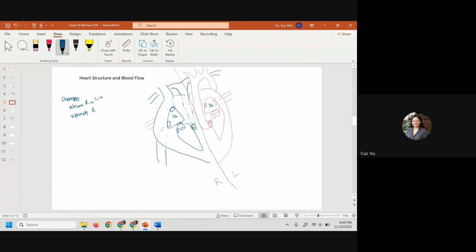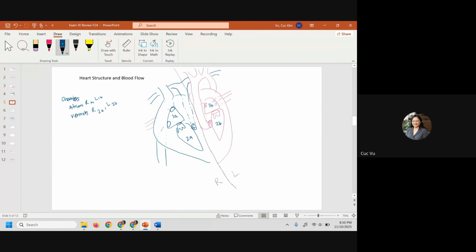The right will be 2A, and the left will be 2B. So you have the right ventricle here and the left ventricle here. And on top, you have the right atrium here and the left atrium there. So those are the chambers.